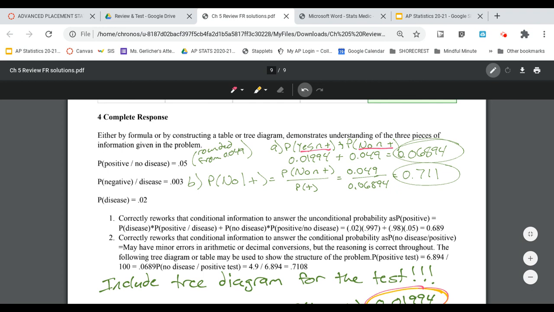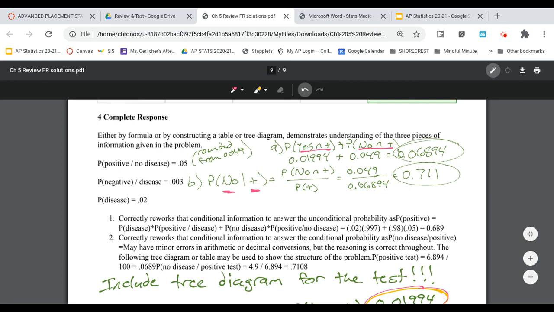Okay, for part B, they said, what's the probability that given you tested positive, you don't have the disease? So given you got a positive test, what's the probability you actually don't have the disease? As in, they took all the people who got positive tests and moved them into a separate room to talk to them. Some of those people actually have the disease, and some of those people don't have it, and they just got a false positive.